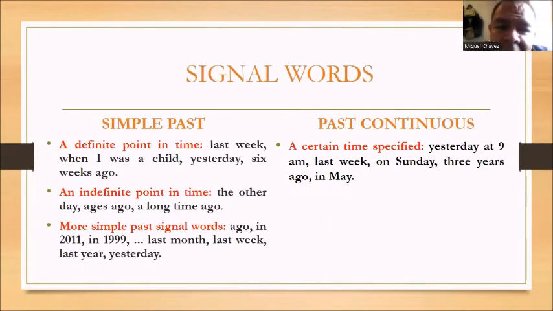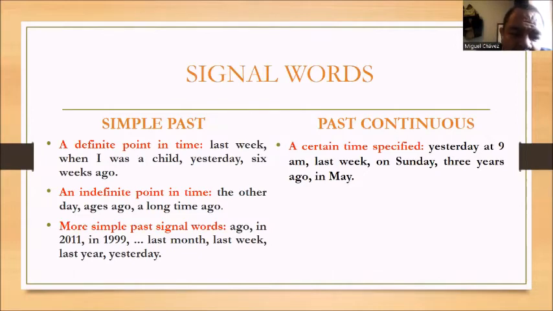Then we can find signal words. For the simple past, a definite point in time: last week, when I was a child, yesterday, 6 weeks ago. For indefinite point in time: the other day, ages ago, a long time ago.